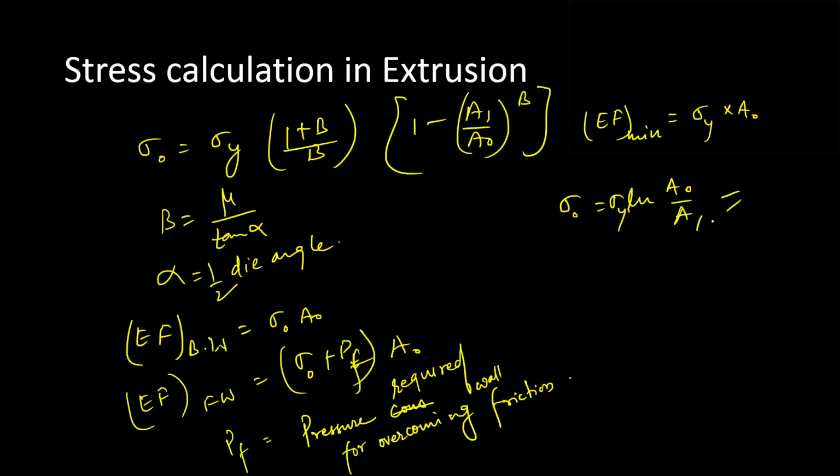So we can take one example also. In a direct extrusion process, this much length billet is extruded, and this one is given. Considering an ideal deformation, the extrusion ratio is 4.